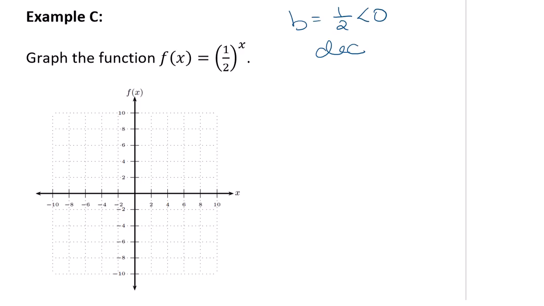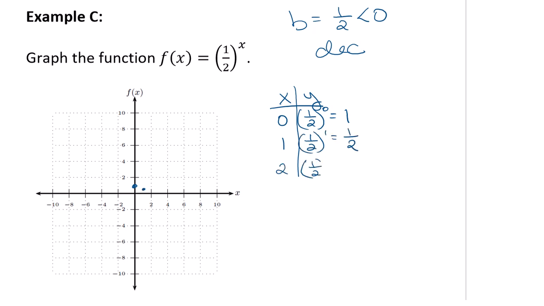Now let's take a look at the next graph where our base is less than 1. We can go back to our xy table. Again, plugging in 0 for x gives us a point at 0, 1, which we knew about. And we can go ahead and go straight to the 1, gives us our base back. Let's plug in 2, it's getting really small.